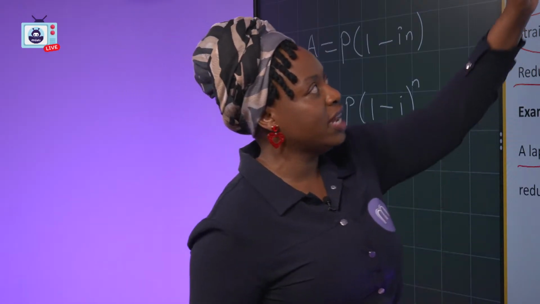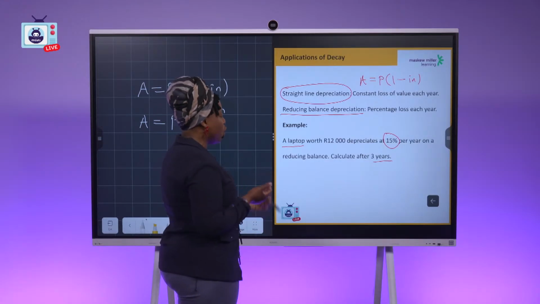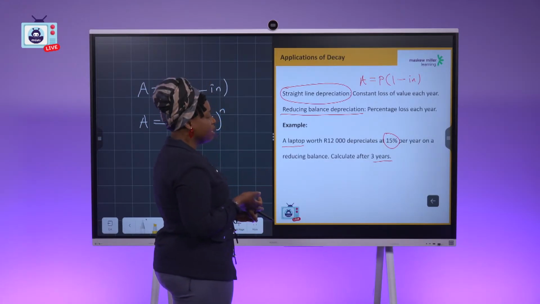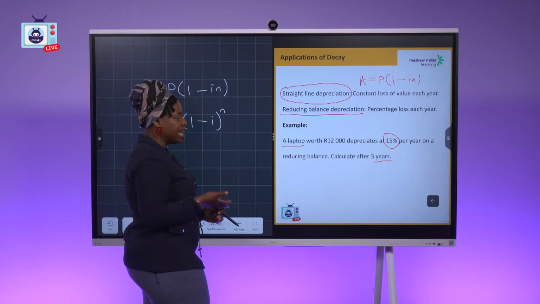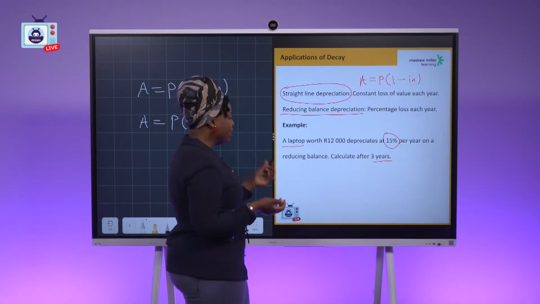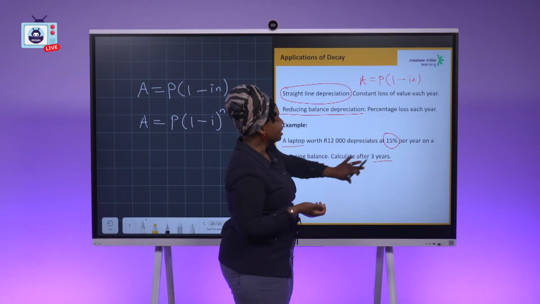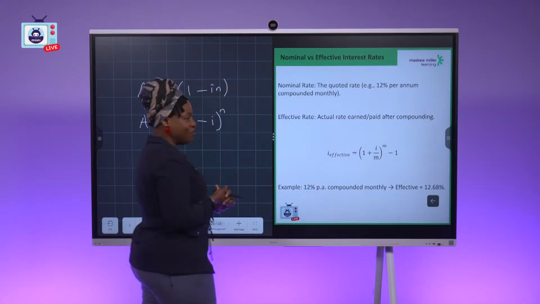Try and check what you will get after 3 years. Calculate that and let us know on the chat so that we can assist you.